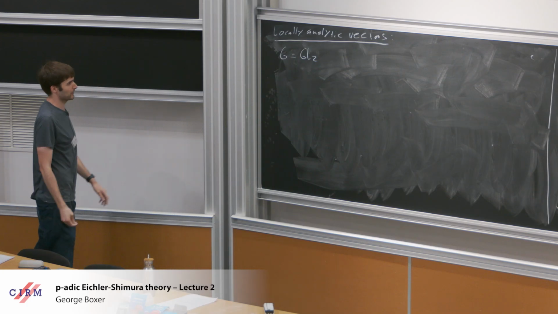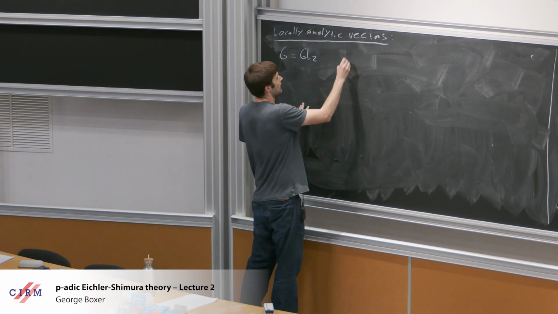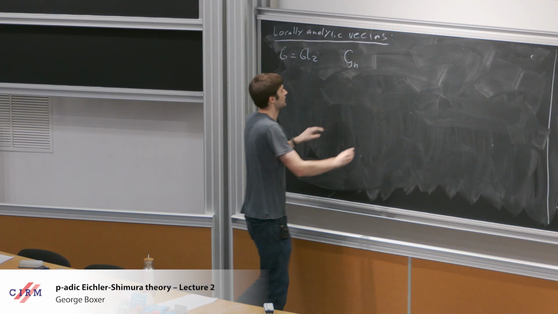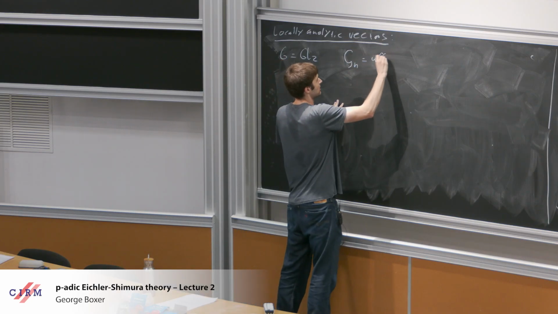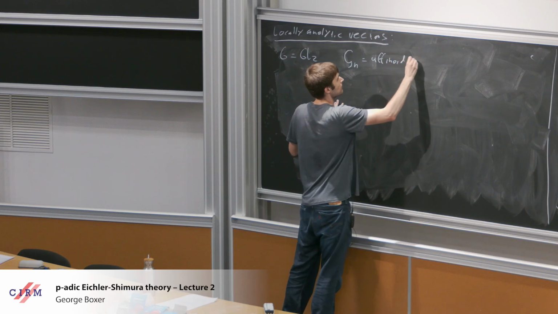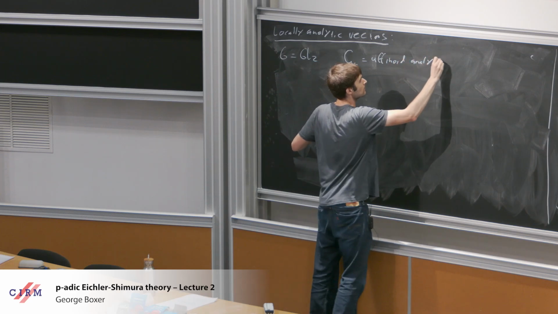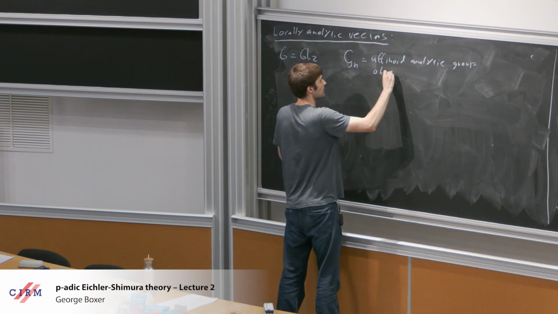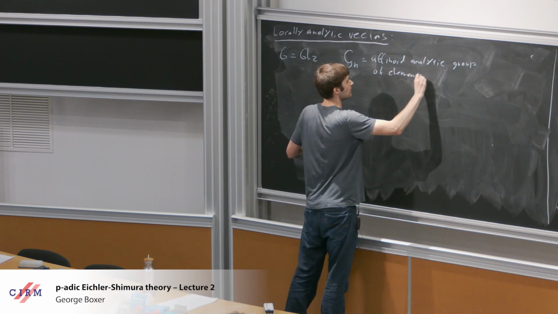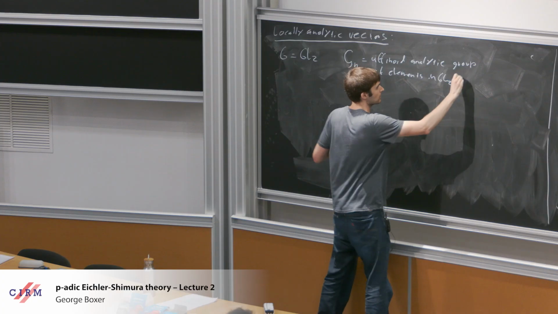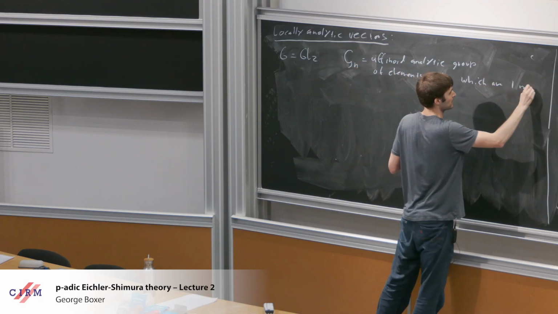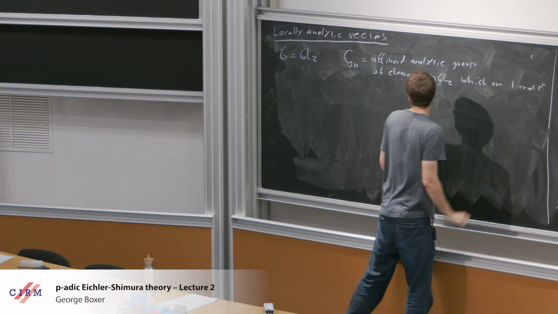The first thing I want to do is consider what I'll call G_n, which is the affinoid analytic group of elements in GL_2 which are 1 mod p^n.